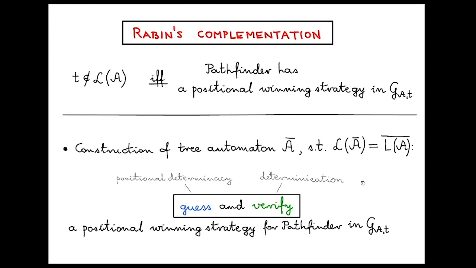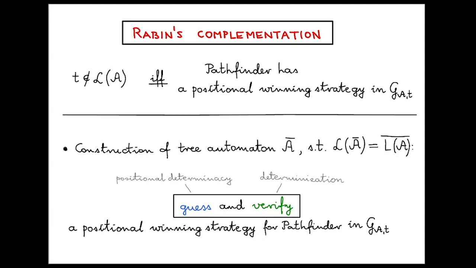Those two components allow this subtle process to succeed. They allow for the guessing and the verification of the guessed strategy for Pathfinder to be done using a finite automaton on trees.